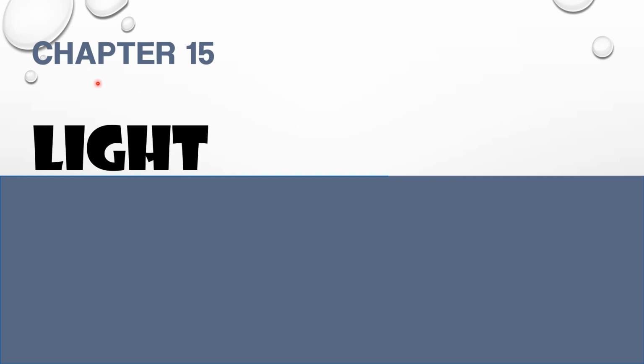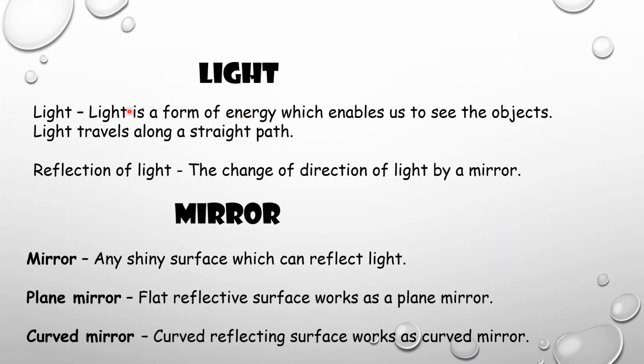Next we see chapter 15, light. Light is a form of energy which enables us to see the objects. Light travels along a straight path. Light is energy and it travels along a straight path. Next is reflection of light.